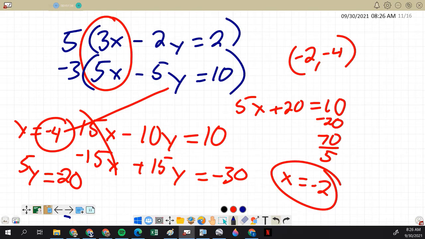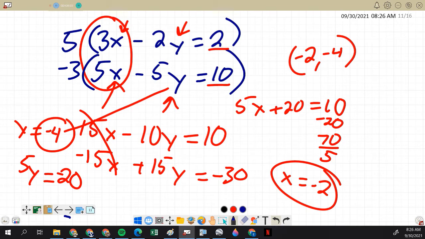So if I plug in -2 and -4, then the left side will equal 2. And if I plug in -2 and -4, then the left side will equal 10. And that is the only point that works in both equations. There are lots of points that work in the first equation and lots of points that work in the second equation, but there's only one that works in both of them.